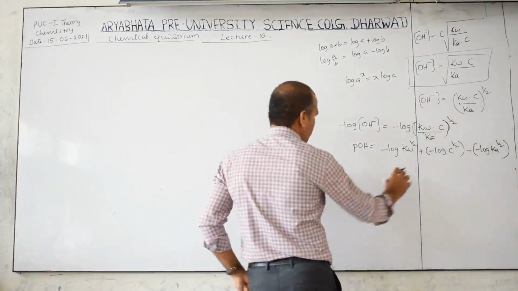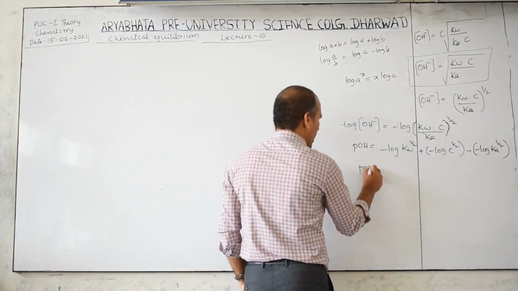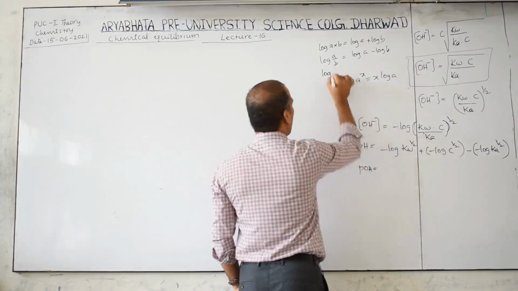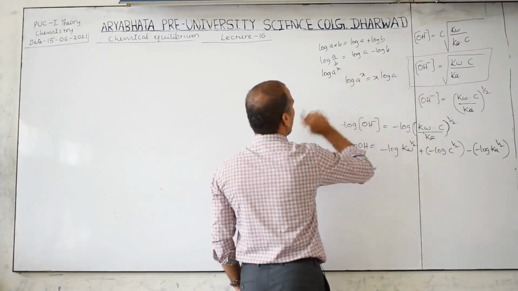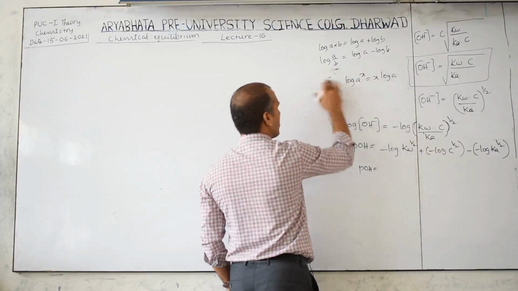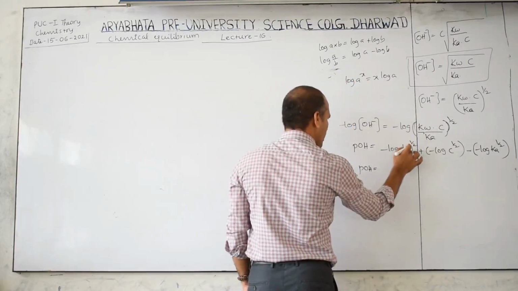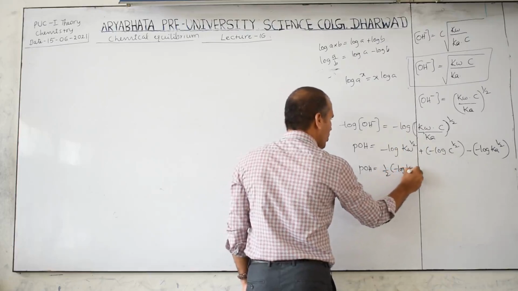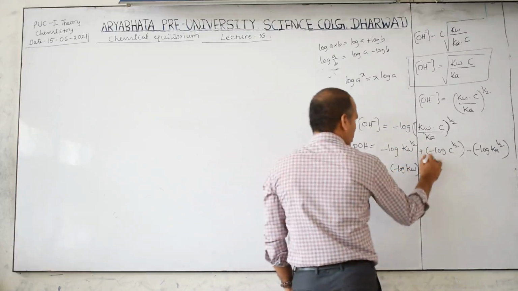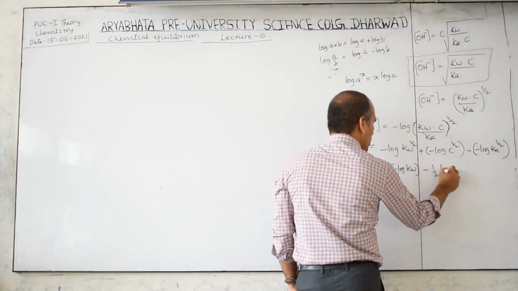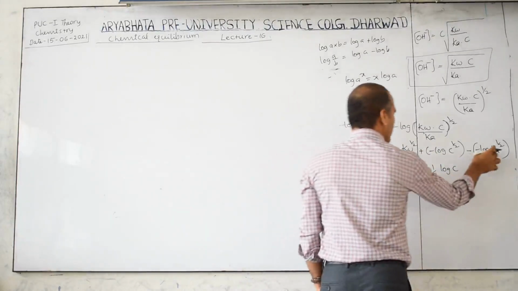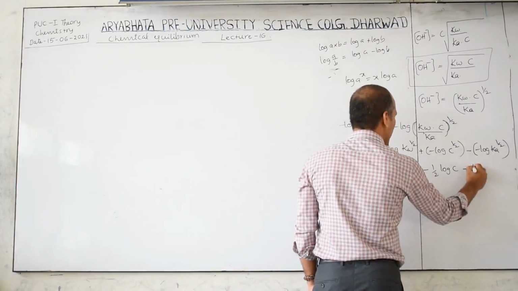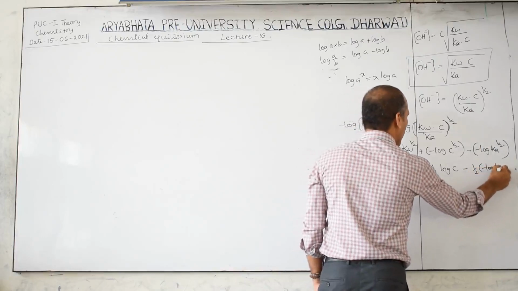And now pOH is equal to, you know that log A power x, which I already gave here, is equal to x into log A. Therefore this is A, this is x. Now 1 by 2 minus log Kw, and plus into minus, minus 1 by 2 log C. This is minus only, and this is represented as 1 by 2 minus log Ka.